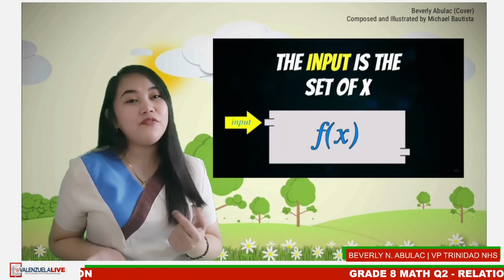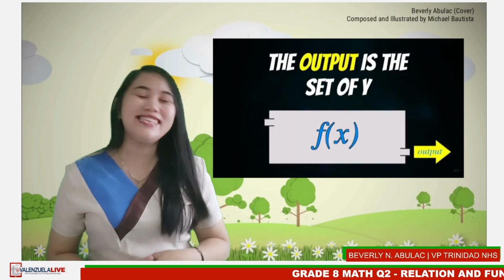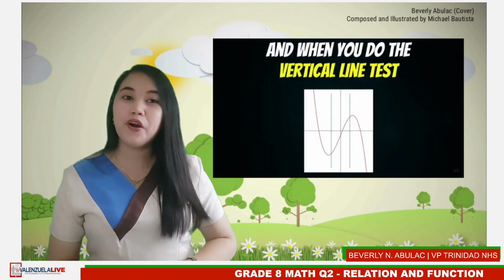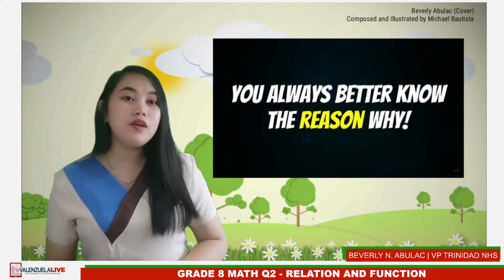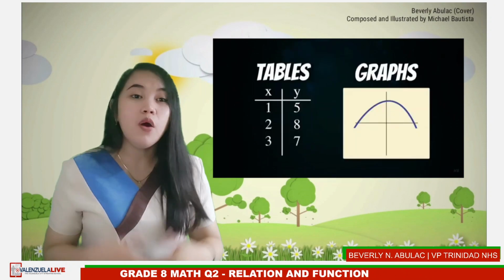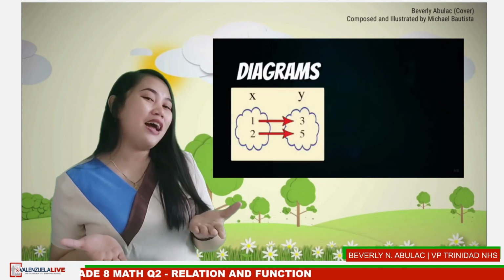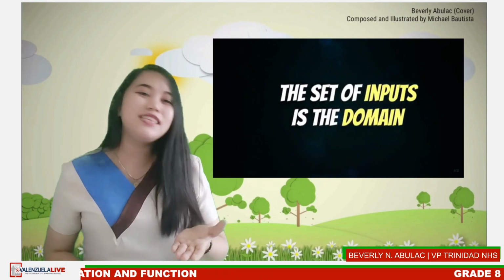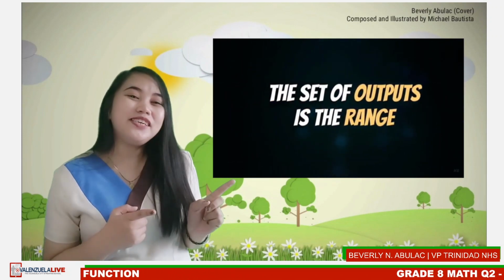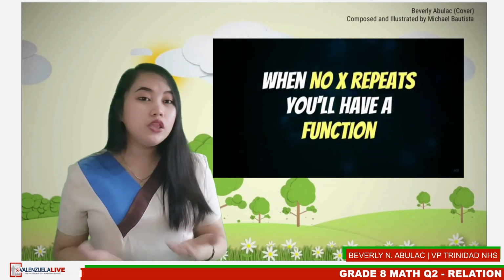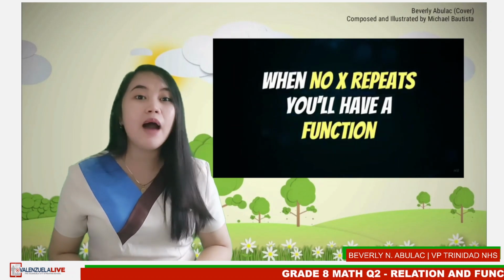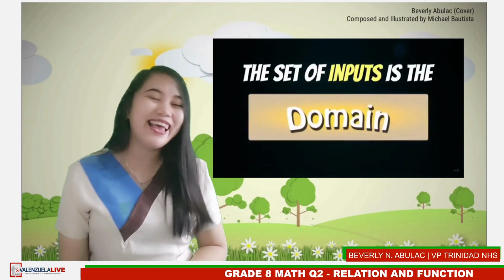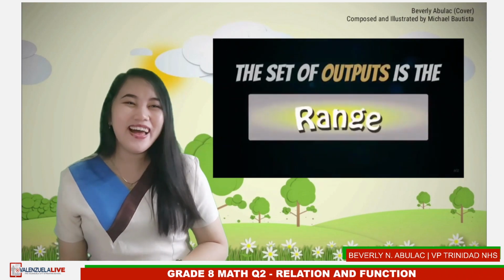The input is the set of X, the output is the set of Y. And when you use the vertical line test, you always better know the reason why. With tables and graphs, diagrams, and equations like f of X. The set of input is the domain.